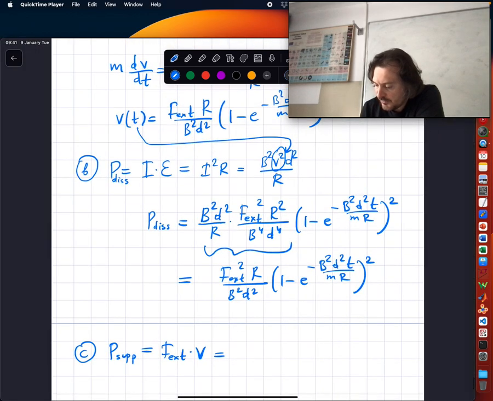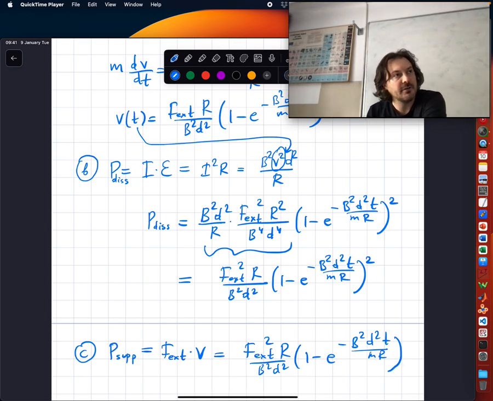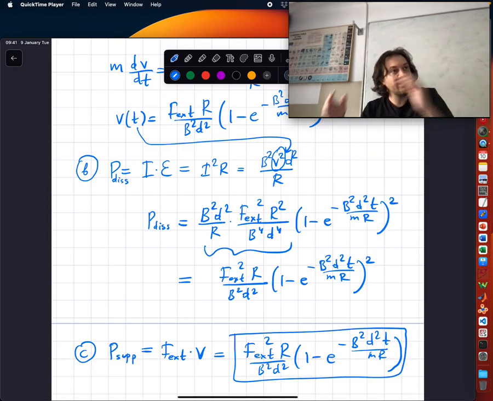So I have an expression for V, F external R over B squared D squared times 1 minus e to the minus B squared D squared T over MR. But this time I don't have the square on top of it. Do you see it? So power supplied is this expression that has the same coefficient in front, but the parenthesis doesn't have a square in it. The other one has a square in it.